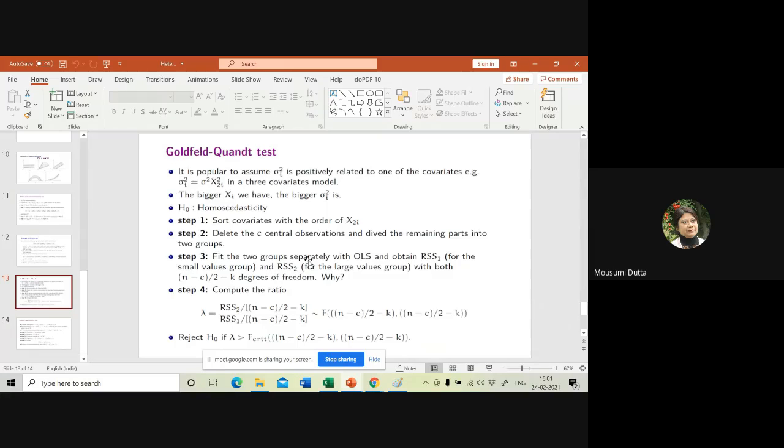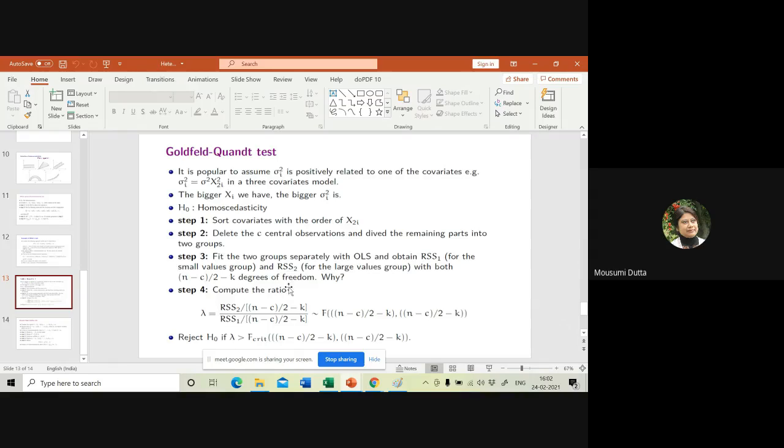Here you will be told how many observations you need to delete. So all information will be there. Or you will have information on two regression equations, based on n minus c minus 2k by 2.